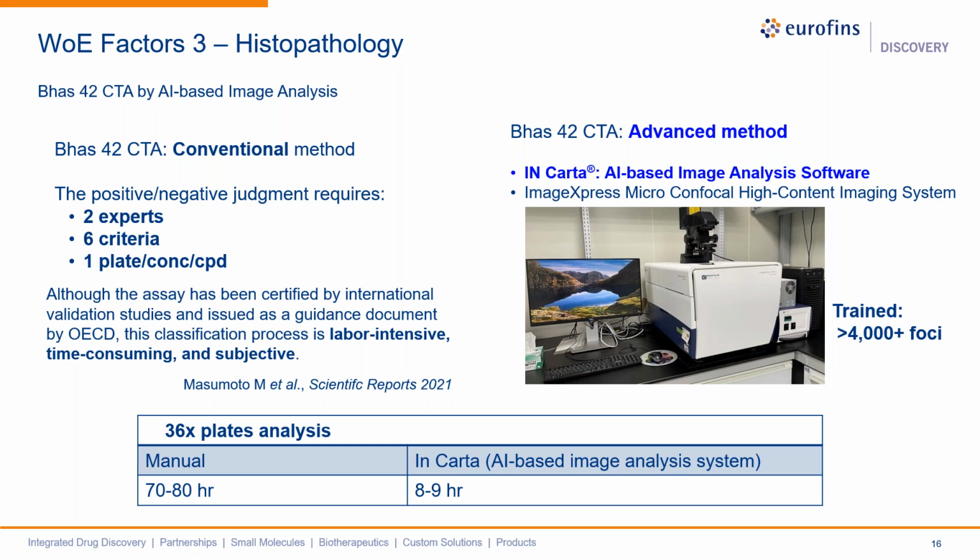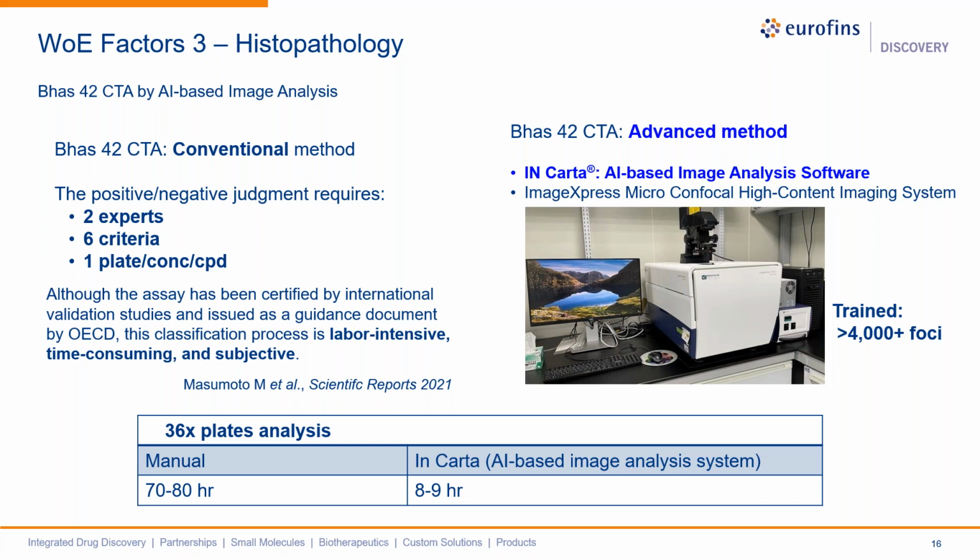For a standard analysis of 36 plates, the manual method typically requires between 70 to 80 hours of expert time. In contrast, our AI-based In Carta system completes the same analysis in just 8 to 9 hours, a nearly 90% reduction in process time.